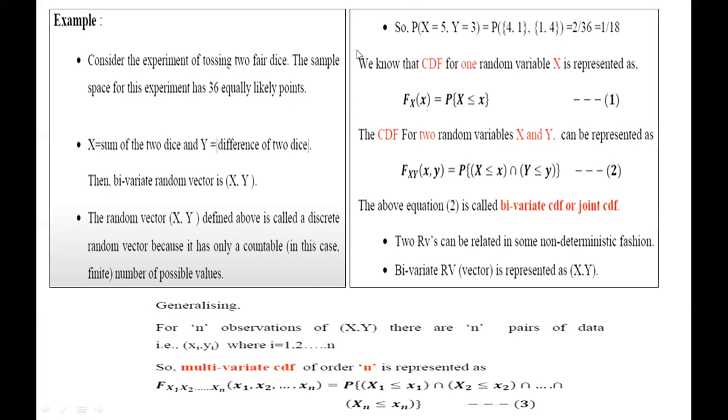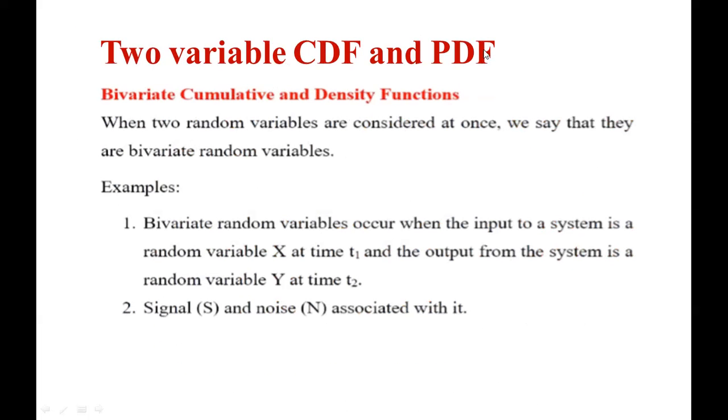Okay, I'll go with the next: two variable CDF and PDF. Two variable indicates bivariate. We are studying the bivariate cumulative distribution function and probability density function.